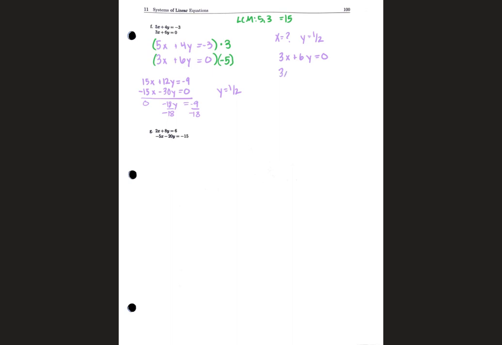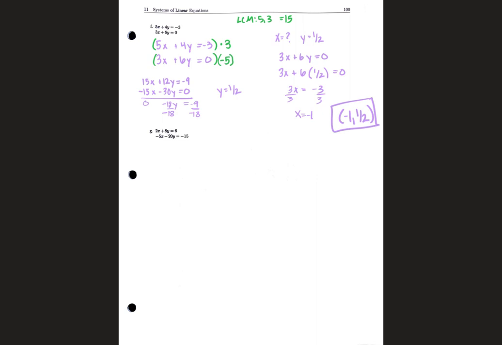So we've got 3x plus 6 times 1/2 equals 0. 6 times 1/2 is 3. So I'm going to subtract the 3 over and divide both sides by 3. We get x is negative 1. So our solution to this problem is negative 1, 1/2.